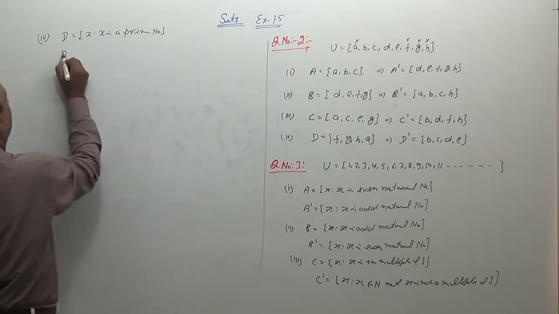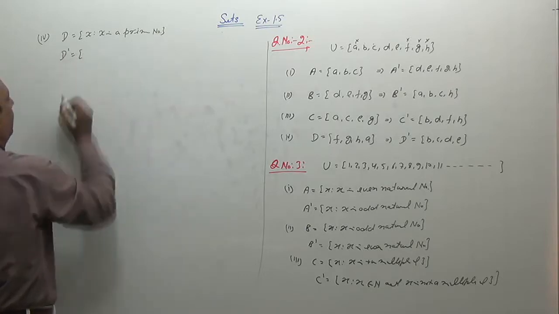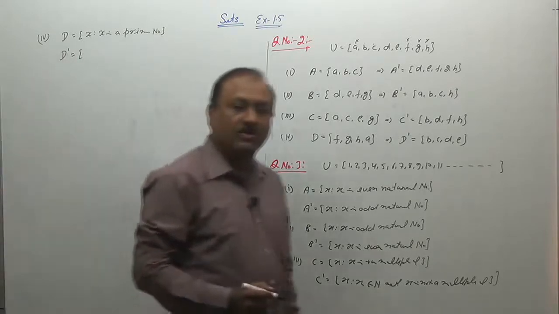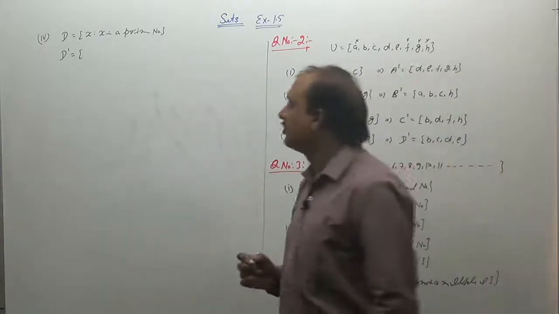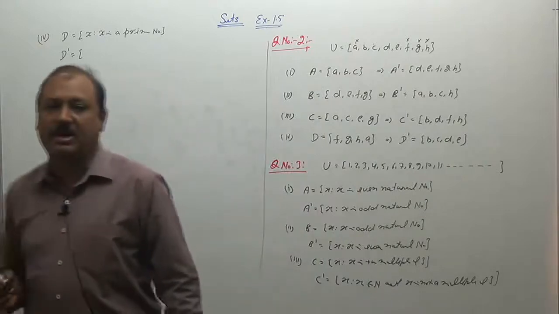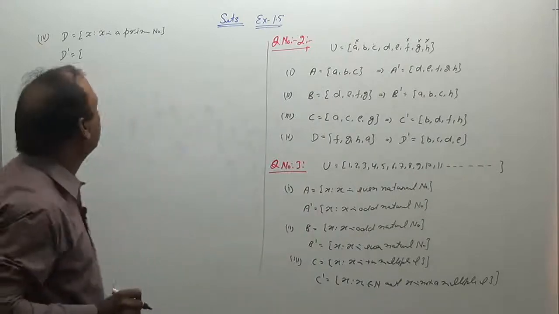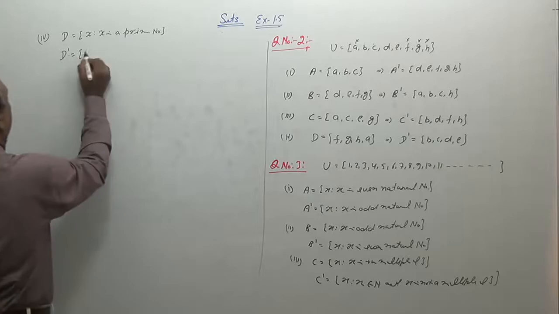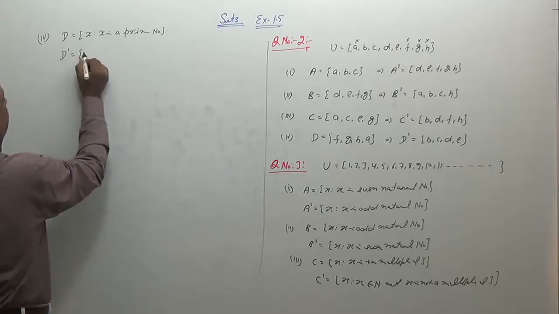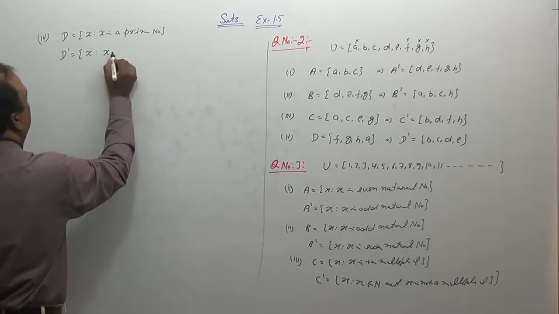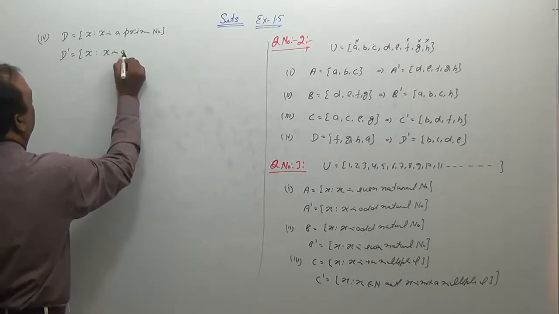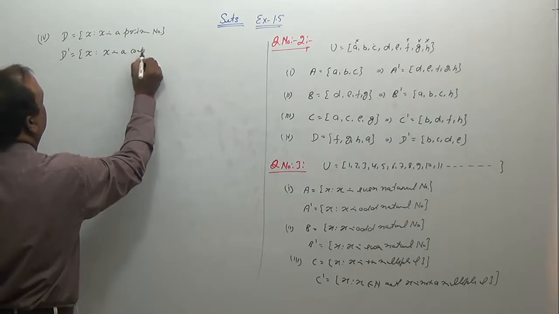We want to find out the conjugate of the set. So we know that all natural numbers which are not prime are the conjugate or complement of set D. So the set D complement contains the elements X such that X is a composite number, and X is equal to 1.